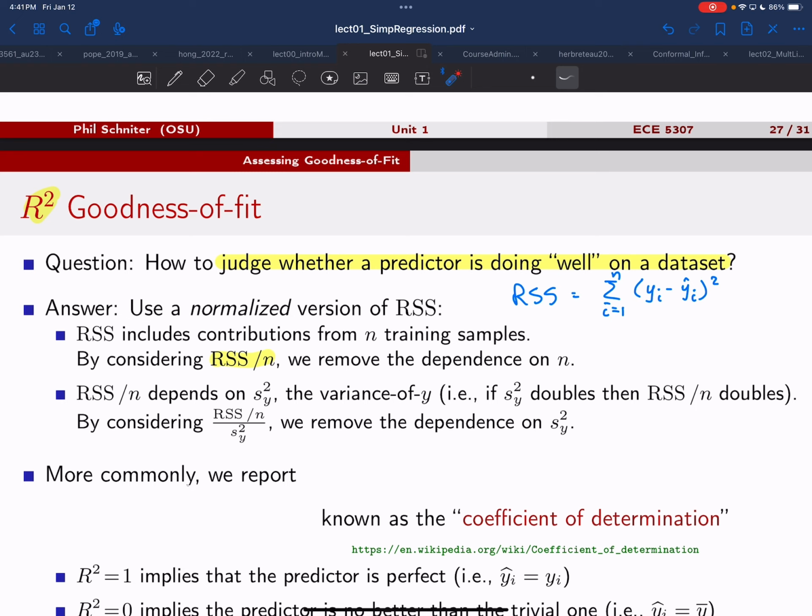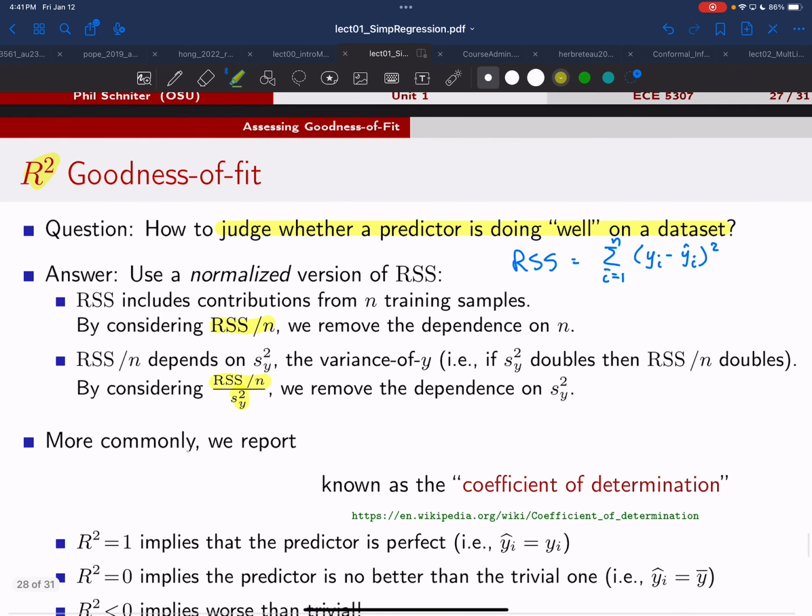So let's not only divide by n, the number of samples, let's also divide by the variance. And now we have a new metric for how well things are working, or maybe you could say how poorly things are working, because as this gets larger, it means things are worse. That's a lot more interpretable.